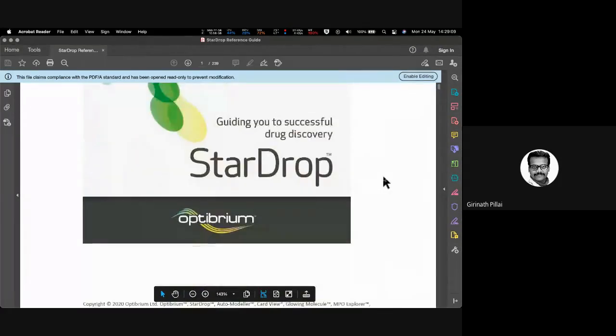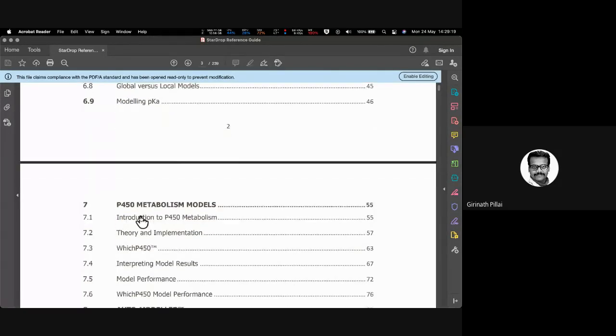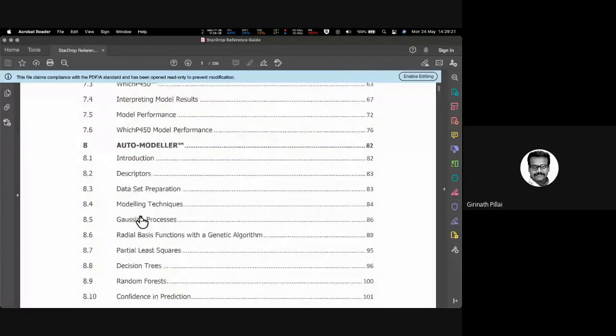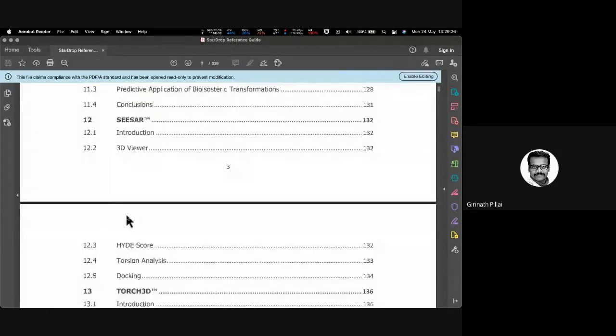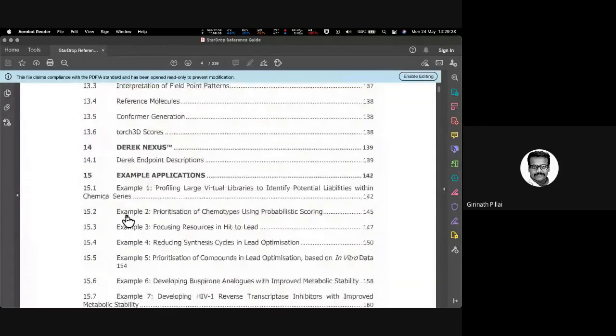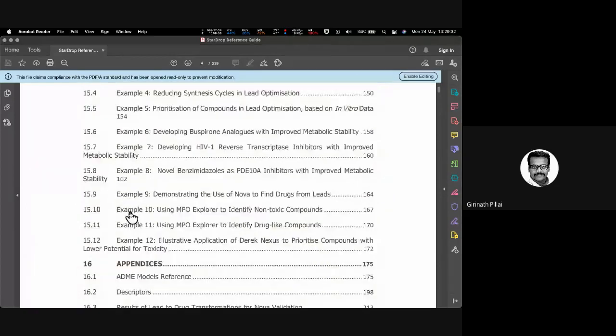So if you go through the literature data, models, descriptor, validation, let me go further down. For each of the modules, they have explained the scientific part of each of these applications and others.